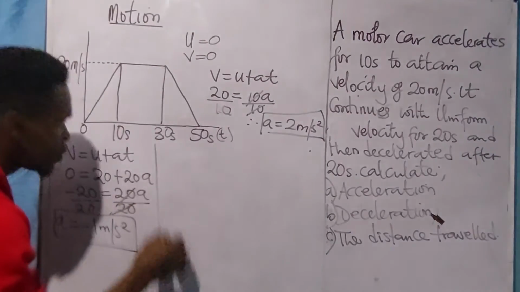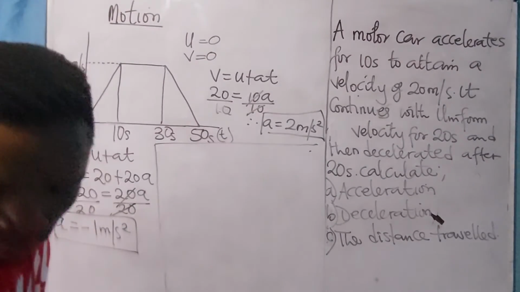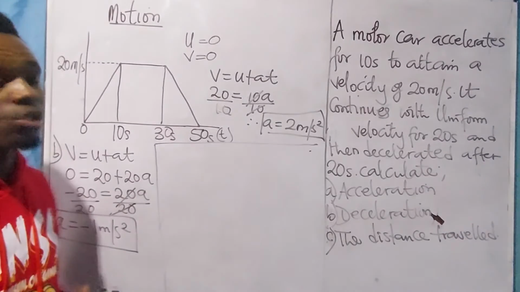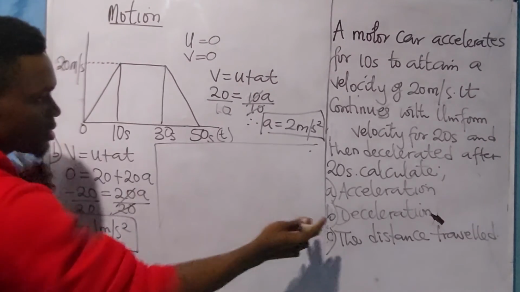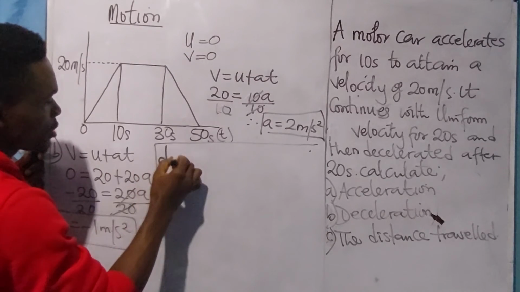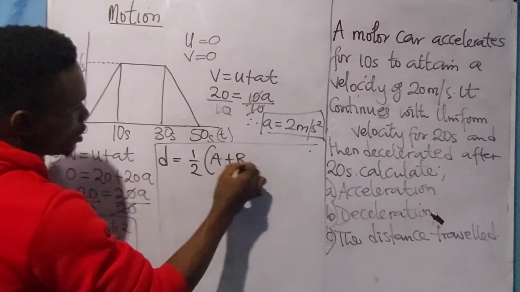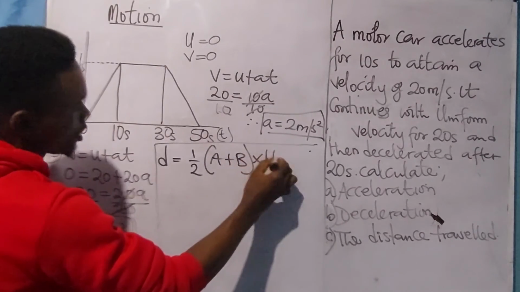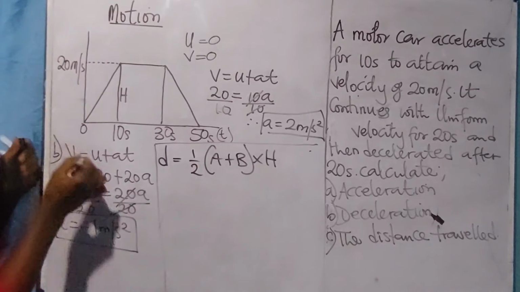Now to calculate the total distance traveled, you've been taught the area of a trapezium. This is a trapezium. Since it's distance, let me use d to denote it. It becomes 1 over 2, a plus b, times h. The h is the height, which is this 20 meters per second.